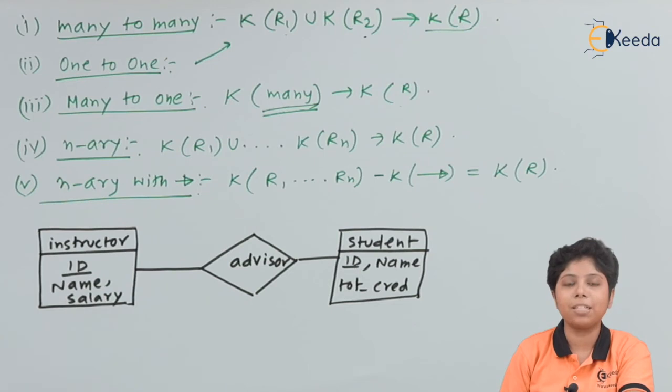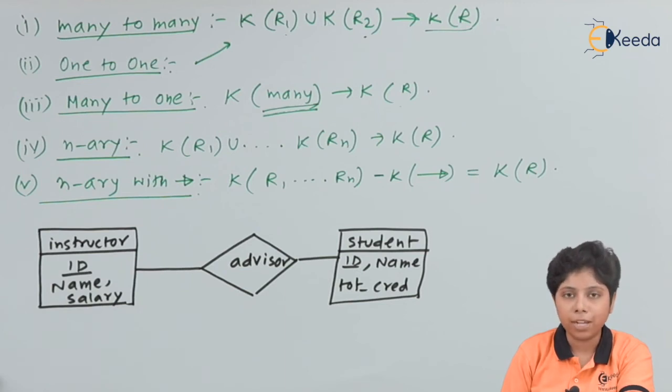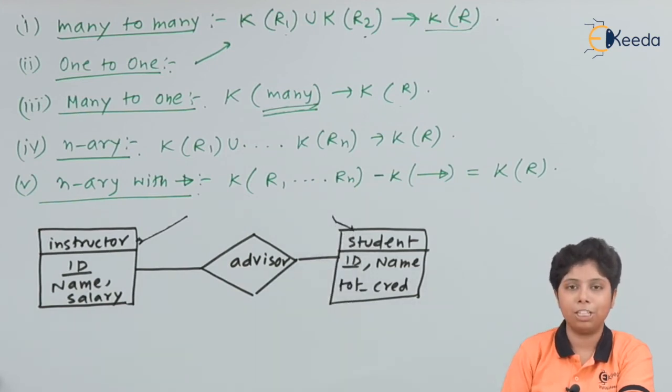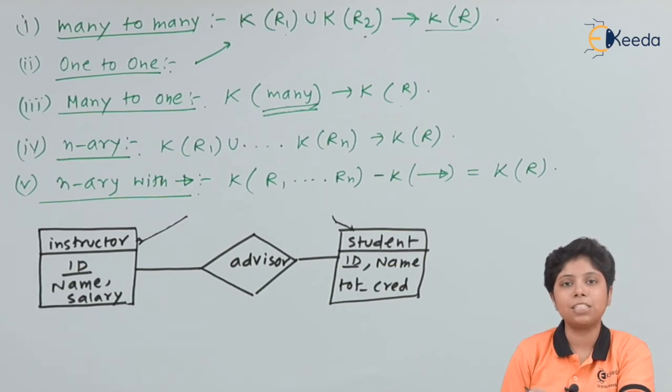Now how do we make the relational schema and the primary key? The relational schema on the relationship set advisor will have the primary keys of the two relations referencing them. We may not mention ID for both the instructor and student, so we will make SID and IID. So now our resultant schema will have.